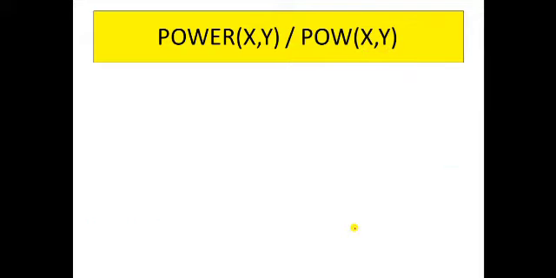Now let us see the next example in which the value of x is negative. So minus 2 raised to the power 3. That means minus 2 into minus 2 into minus 2. When a negative number appears an odd number of times, the answer will be negative.